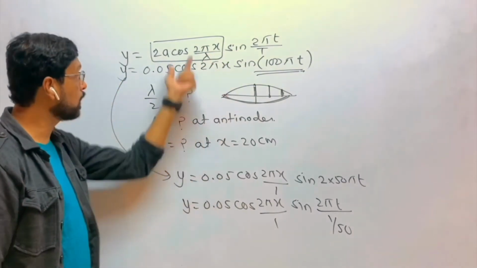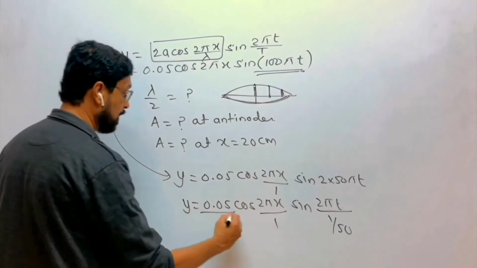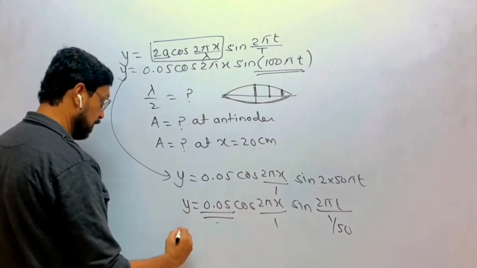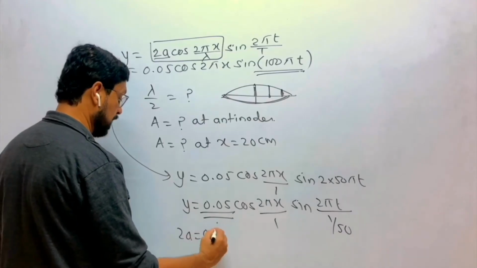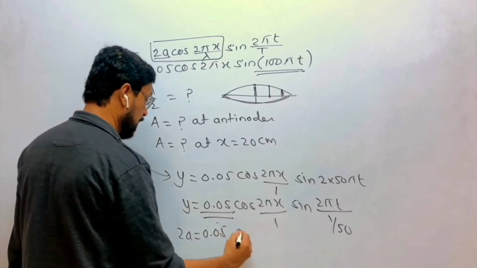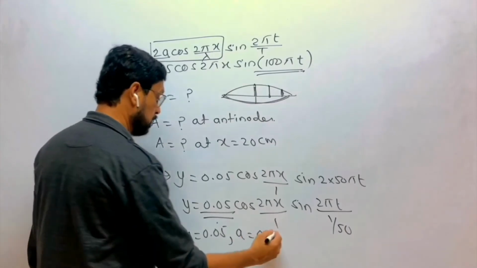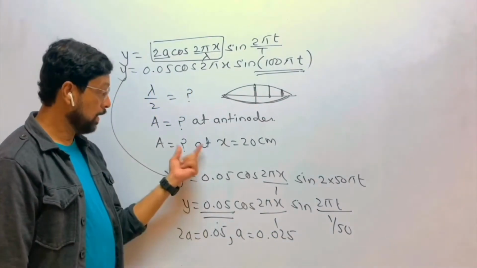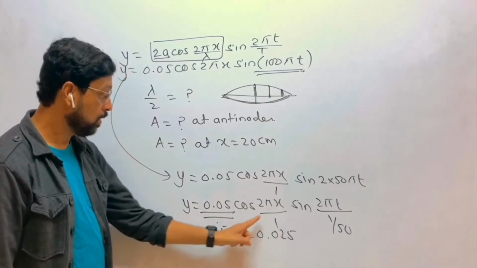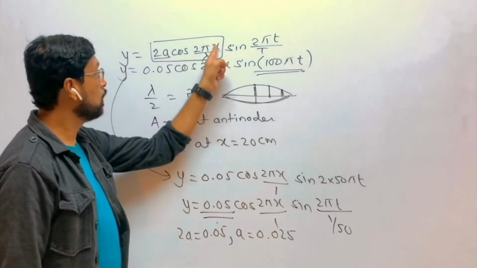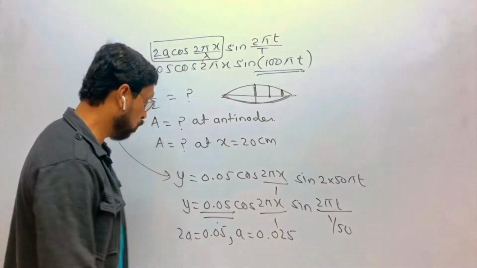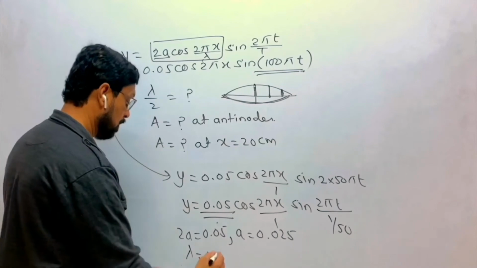So now this equation is in this form. अब दोनों को कंपेयर करो. 2a की जगह पर है 0.05, means 2a is equal to 0.05 और a is equal to 0.025. एक वैल्यू मिल गई. 2 pi x by 1, 2 pi x by lambda, means lambda is equal to 1 meter.